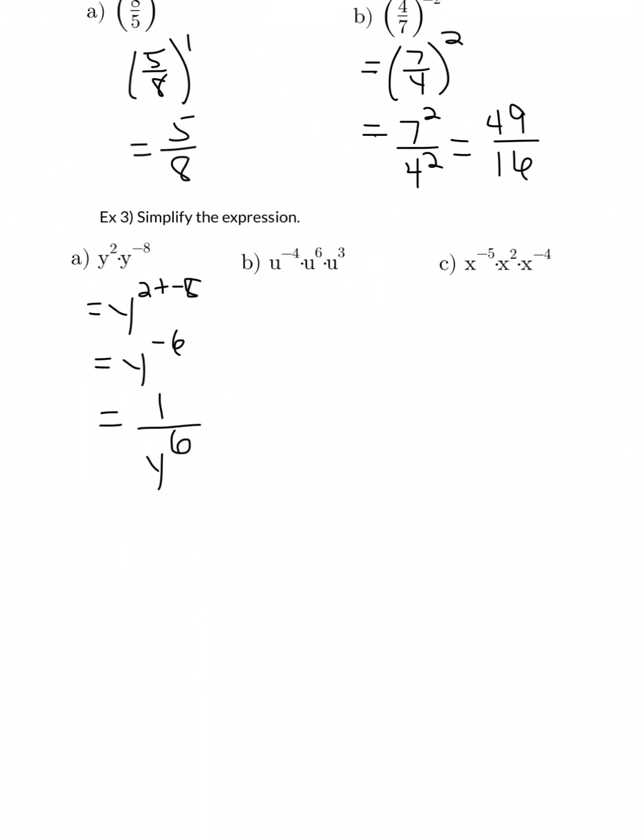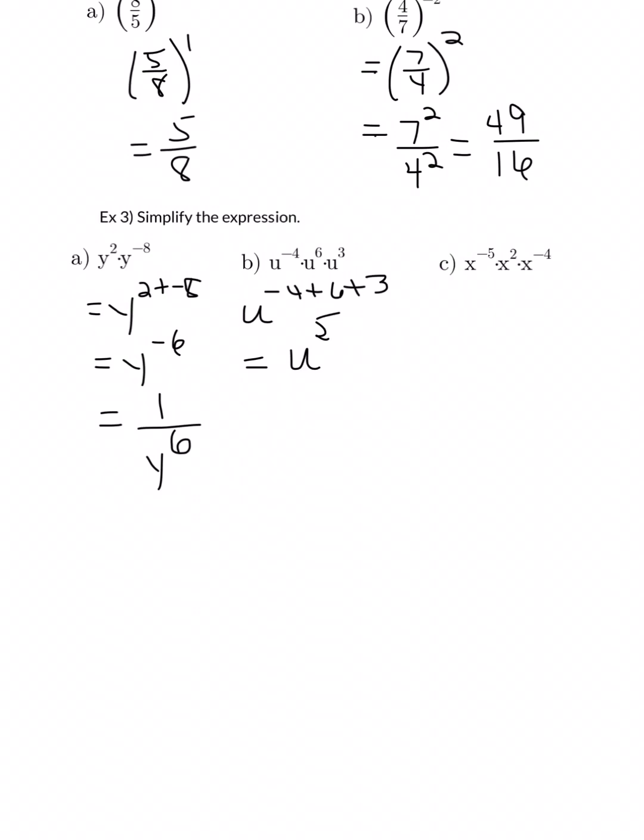On B, where we have u to the negative 4 times u to the 6 times u to the 3, this would become u to the negative 4 plus 6 plus 3. And if you add those numbers up, you are going to get u to the 5th. Since that is positive, you can just leave it alone.